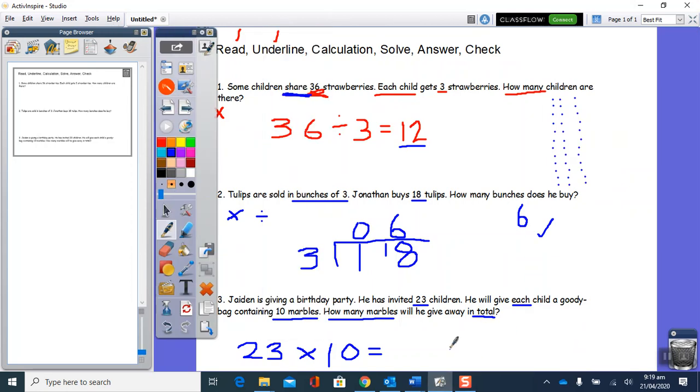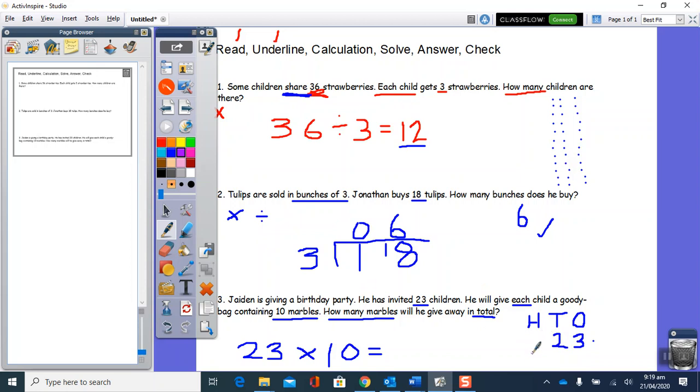If you have 23 times 10, anything multiplied by 10, if you put it into a place value calculation like this, so hundreds, tens, and ones, with the decimal point here, and you want to multiply it by 10, all you do is move everything to the left once.